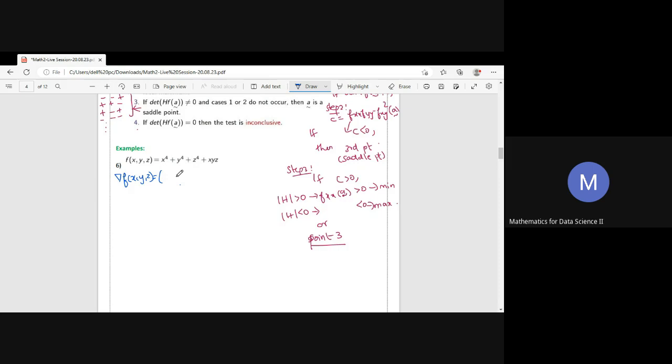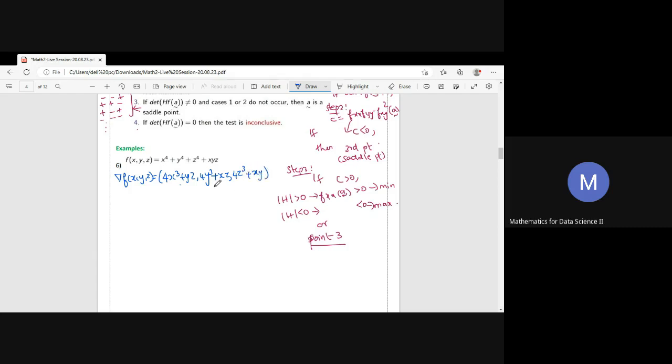What is the gradient of the function? What is the first term here? 4x cube plus yz. And the second term? 4y cube plus xz. 4z cube plus xy. Okay.